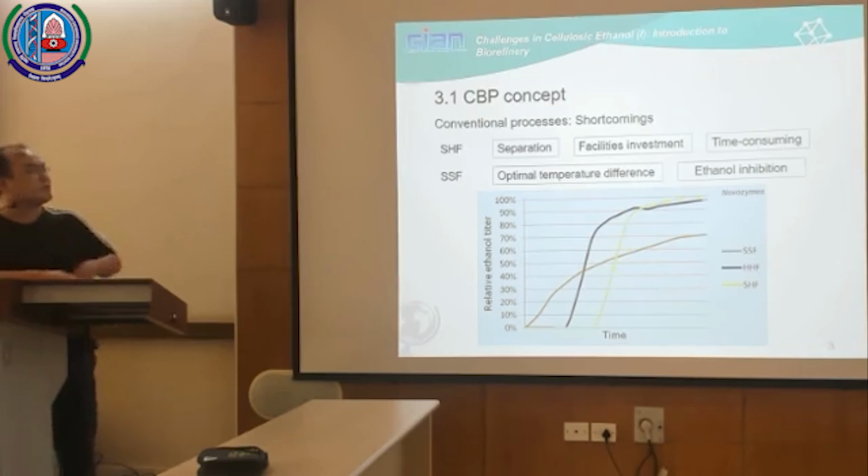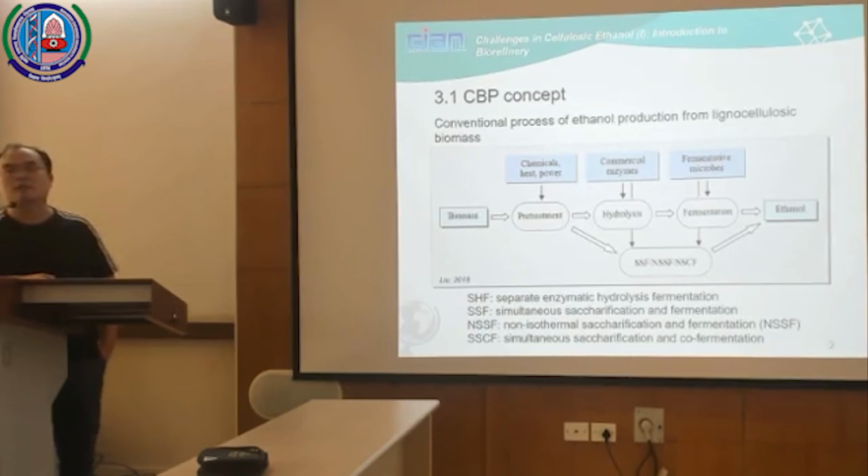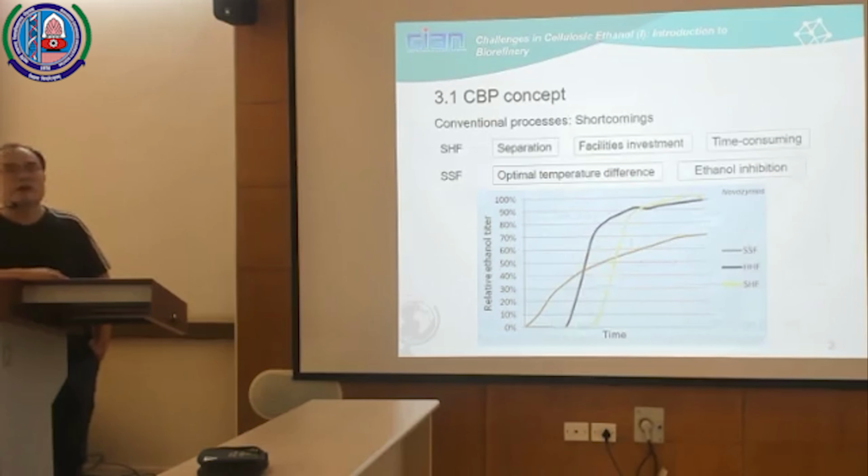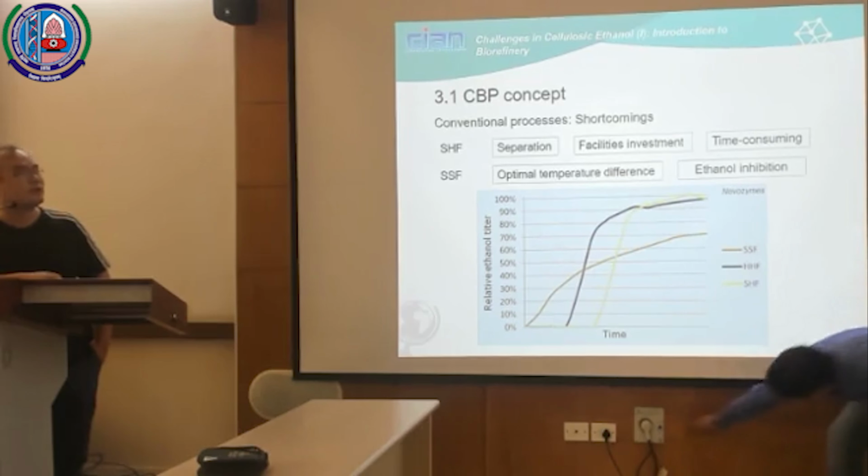However, there are some shortcomings of the SHF process. First, it depends highly on the separation. After enzymatic hydrolysis, all the biomass solids become very small particles. It is not easy to separate them from the liquid, and we have to add separation facilities in the biorefining system.